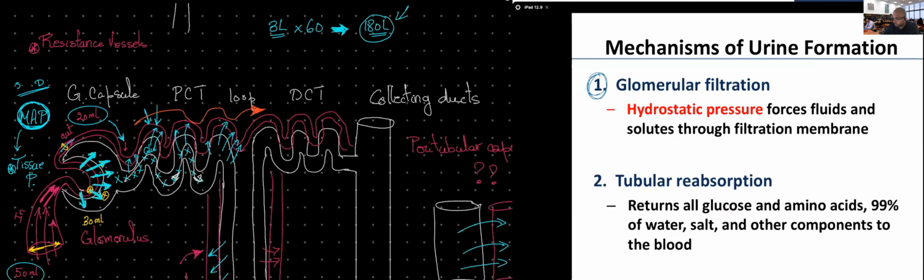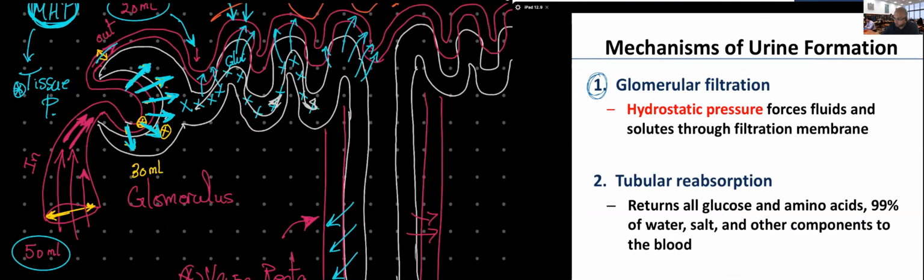And again, what created this high hydrostatic pressure within the glomerulus? Again, why do I have high hydrostatic pressure? Because the afferent arteriole is much larger than the efferent arteriole. So the amount of blood that moves into the glomerulus is greater than the amount of blood that will be drained out of the glomerulus. Another thing, those are arterioles, they are high resistance vessels.